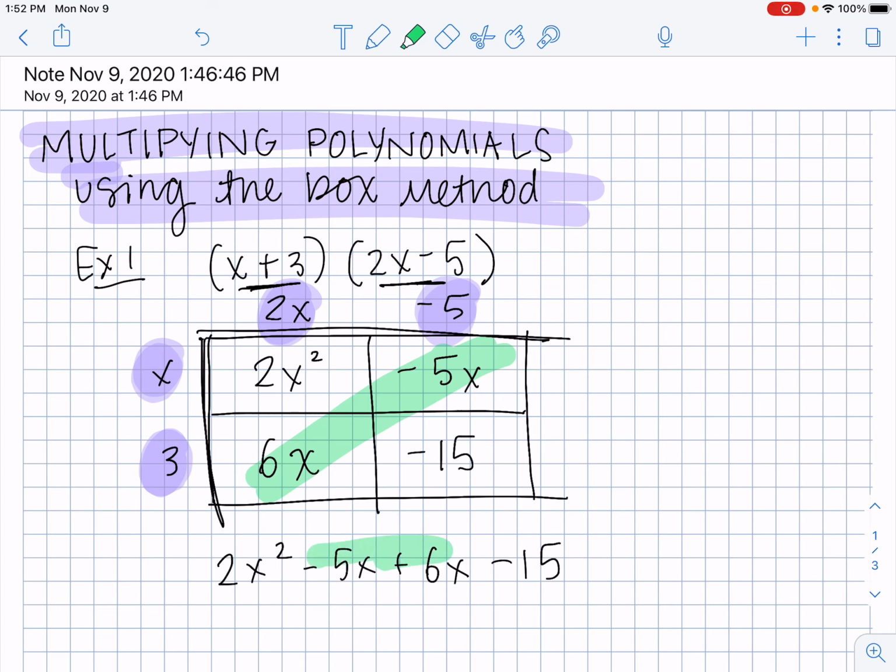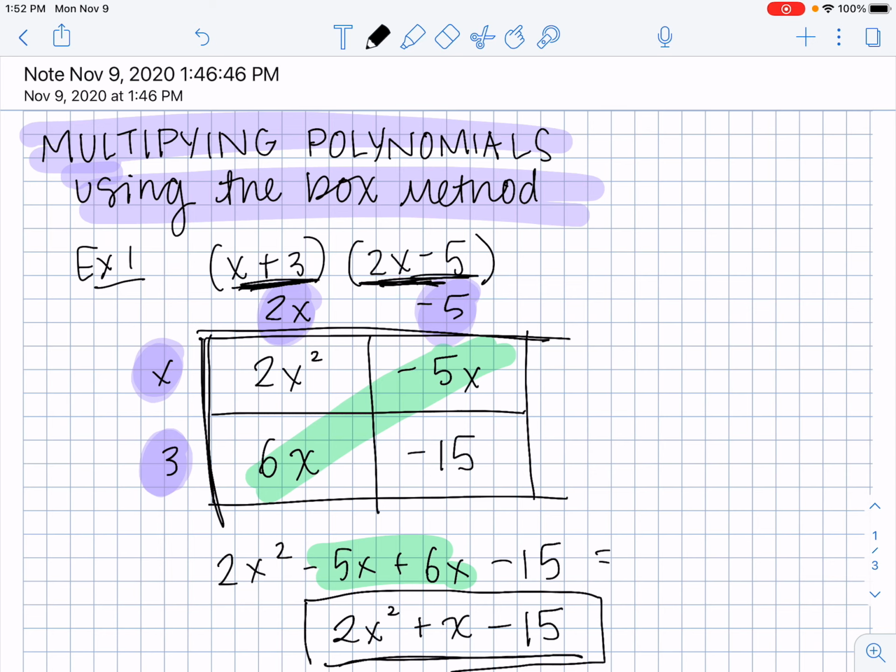Again, here are our like terms, so we will combine those and we will get 2x squared plus x minus 5. And this is our answer. So when we multiplied this binomial by this binomial, we ended up getting a trinomial. Interesting.